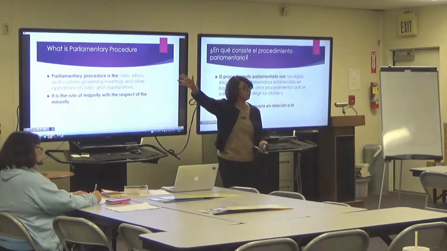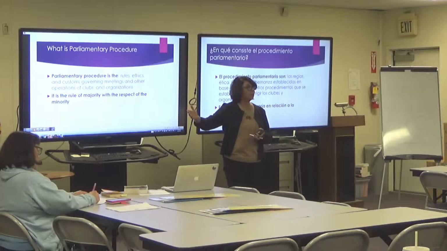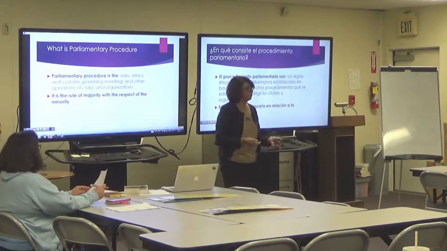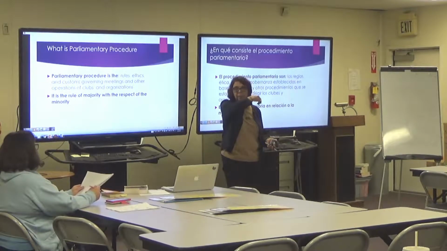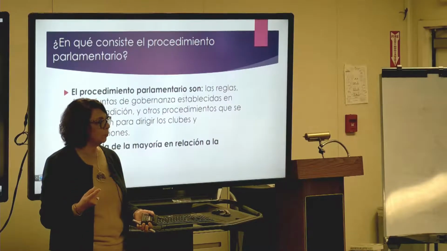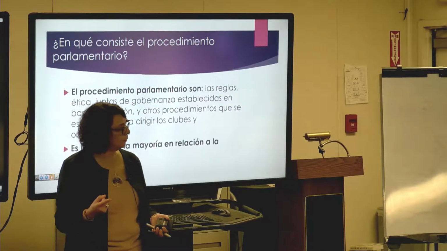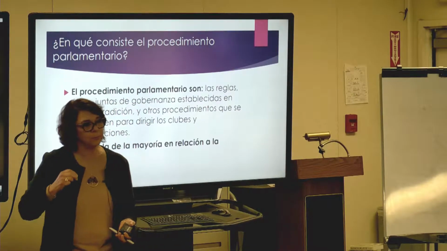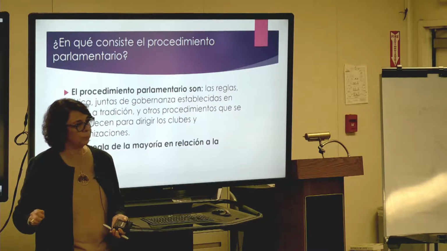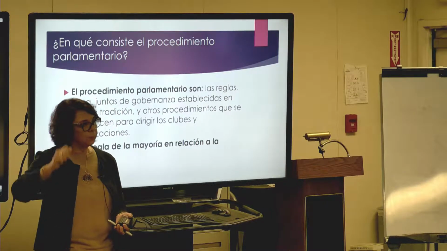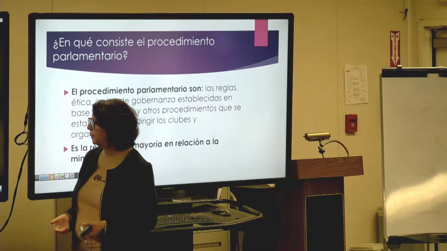What does it mean to be respectful to the minority? You're listening to them, you're allowing them to speak, you're allowing them to give their discussion. But again, it's the majority that rules. That's when you hold up your paddles and you vote, but it's with respect to the minority.